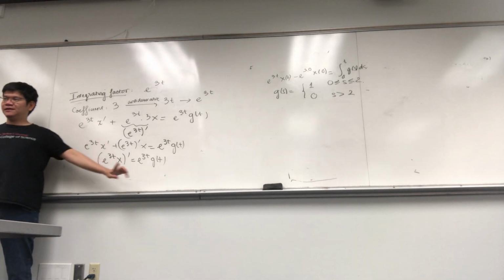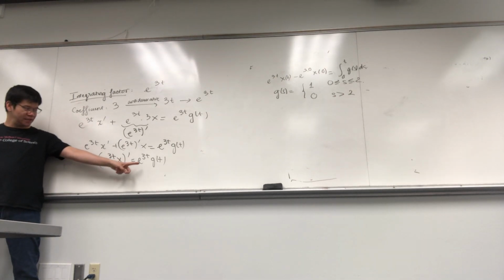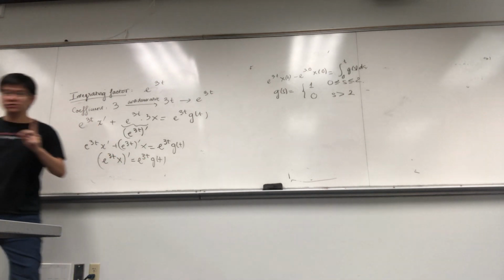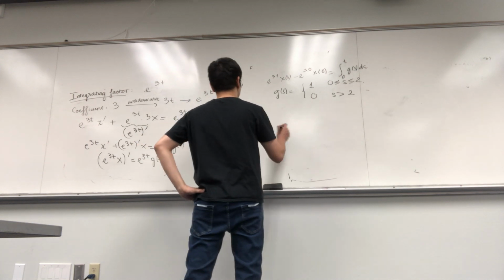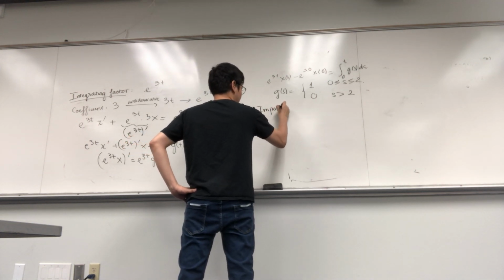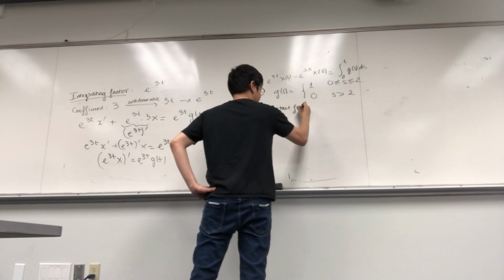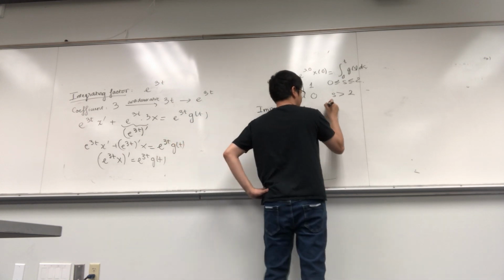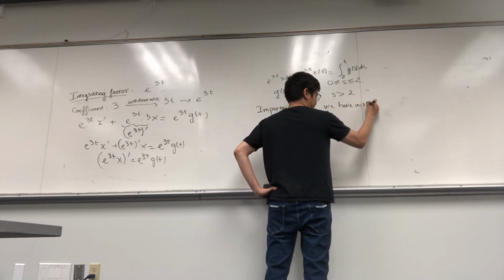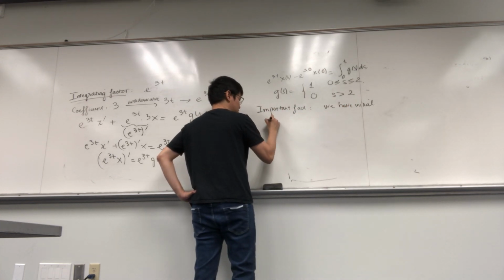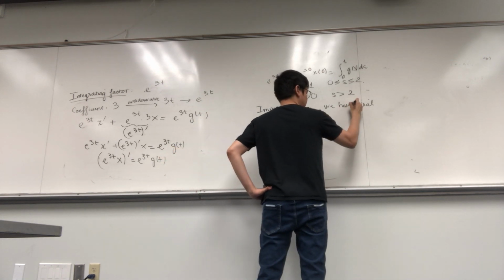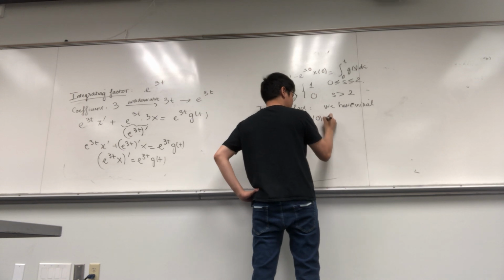You have e to the 3t x, prime, is e to the 3t g(t). But now you have an initial condition, right? Important. The initial condition x(0) is 0.